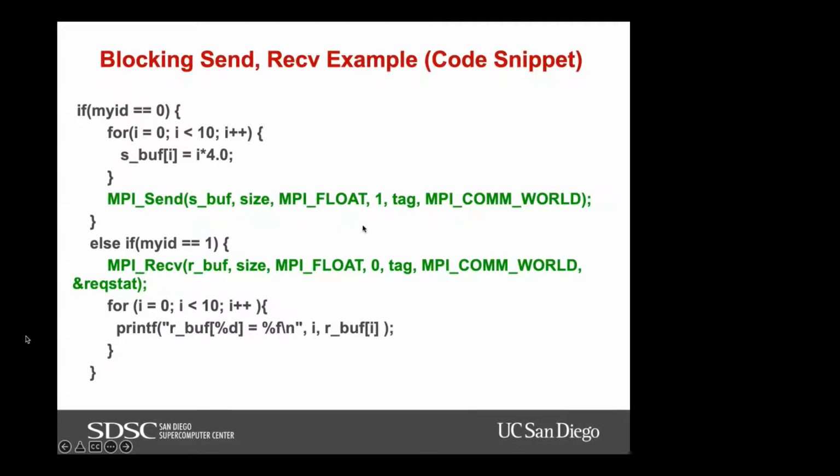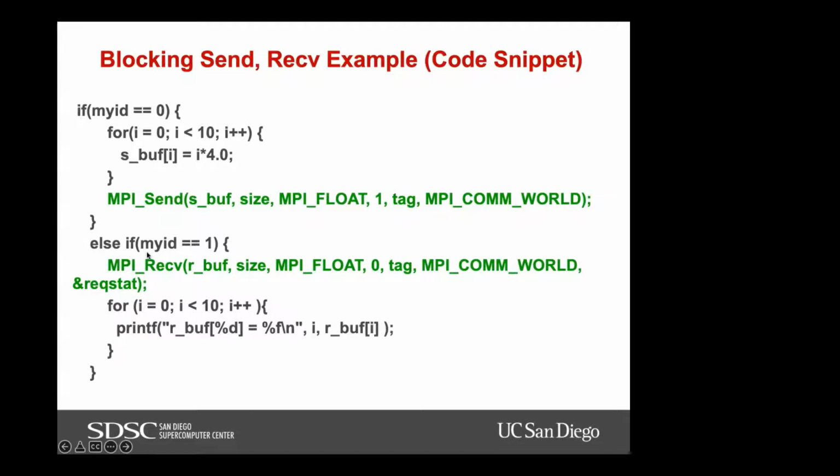So we are saying it's an MPI float here. And also the destination, so we are saying send it to task 1. You can tag these messages, and also the comm world, which is defining the communicator. We use comm world by default for everything, unless you want to be sophisticated and set up different communicators. That's very rarely done.